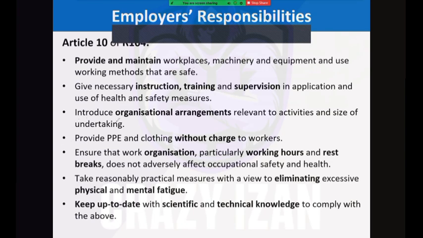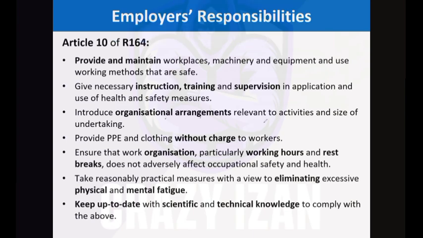Then the employer must introduce organizational arrangements relevant to the activities and size of the undertaking as well. So if there are 500 people in a workplace, you cannot get away by providing one first aid box. You need to provide one first aid box for every 100 workers.